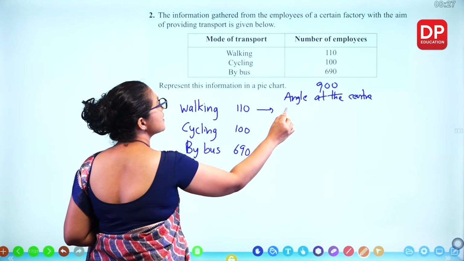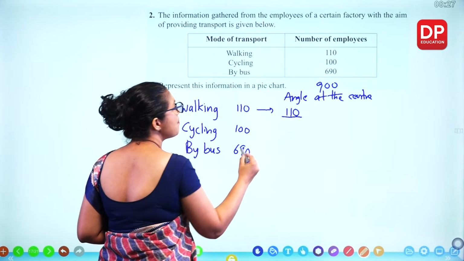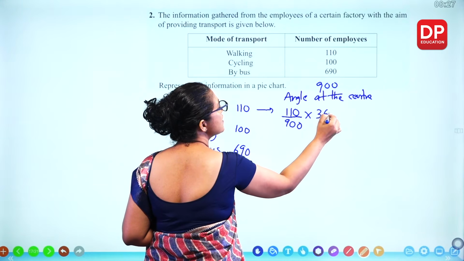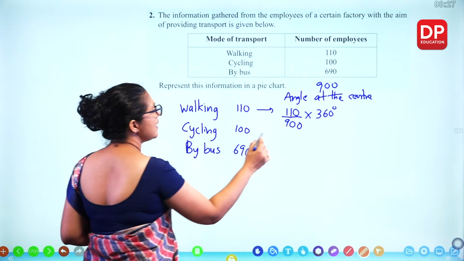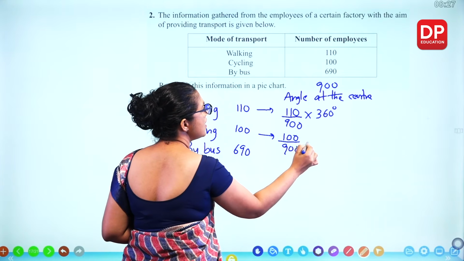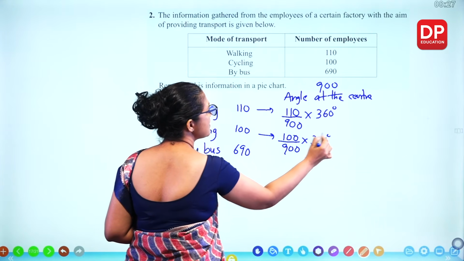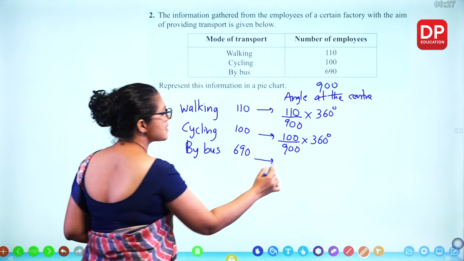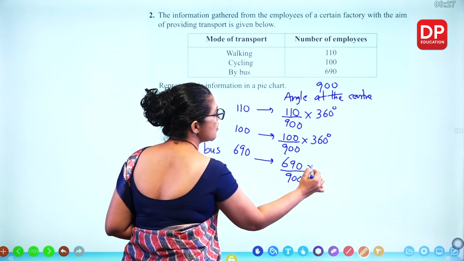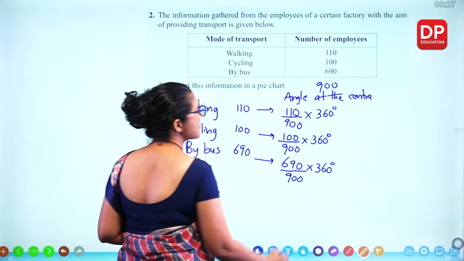So we can take the number of employees, divide by the total. Total is 900 into 360. What about cycling? There are 100 employees out of 900 into 360. What about by bus? 690 out of 900 into 360.